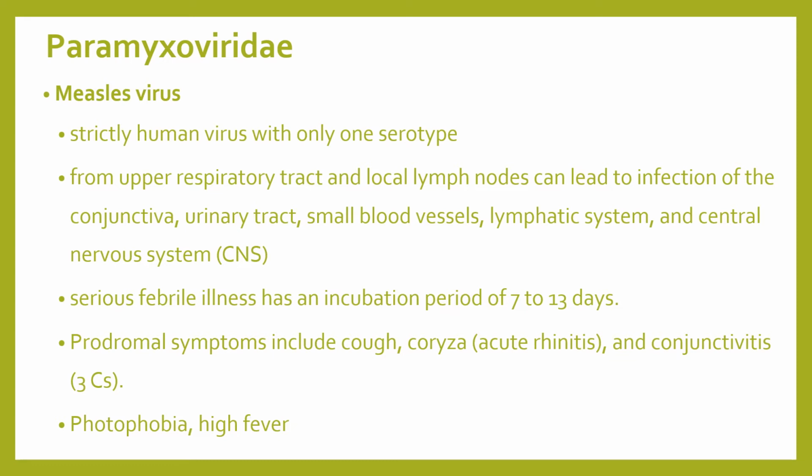It is a serious viral illness that has an incubation period of 7 to 13 days. It has prodromal symptoms of the 3 Cs: cough, coryza, and conjunctivitis. Your coryza is a severe, watery nasal discharge, or acute rhinitis. They also manifest with photophobia and high-grade fever.